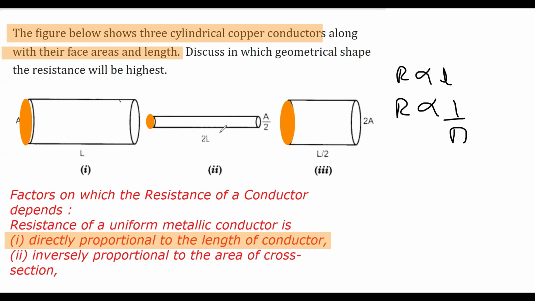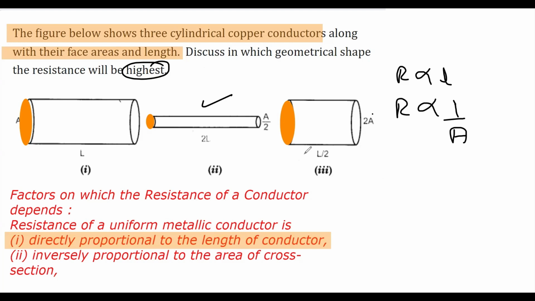Therefore, this will have the highest resistance. Yeah, we are looking for highest, right? And if I also look for the lowest resistance, we can say the thicker the wire, lower is the resistance. So this wire has the shortest length, so it will have the lowest resistance.